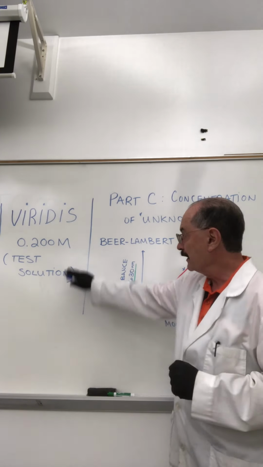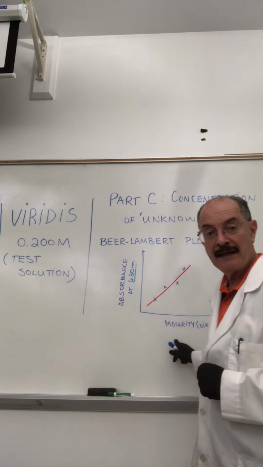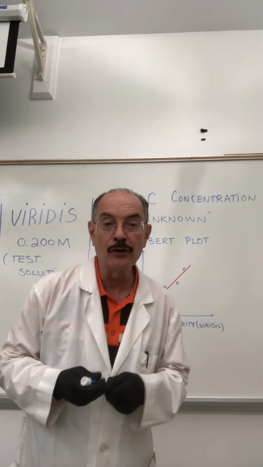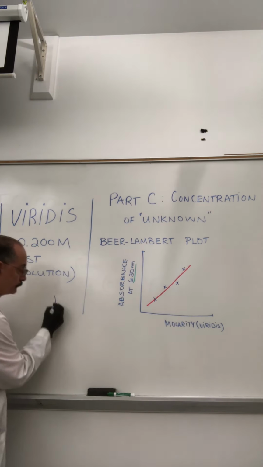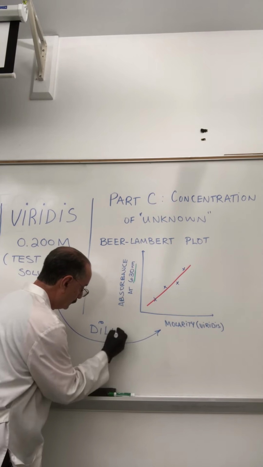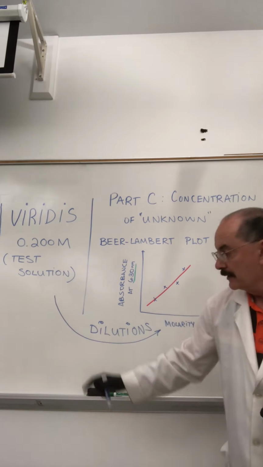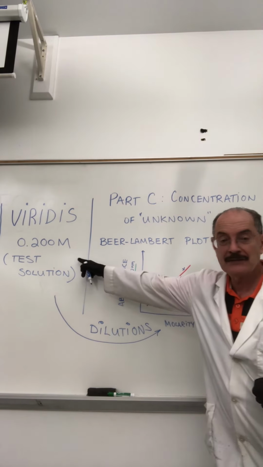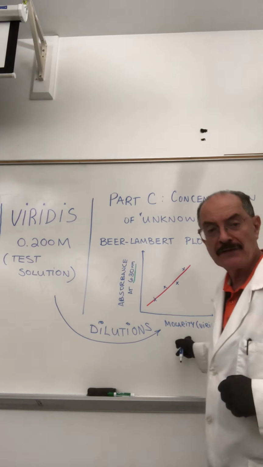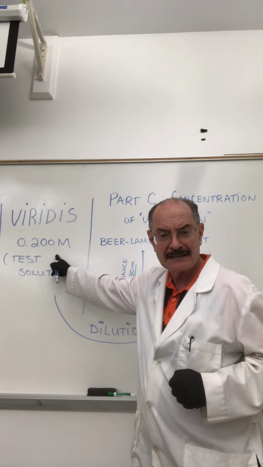So let's take this test solution that we already have and build a set of dilutions of it. By preparing dilutions of this original test solution, we will have a set of data points of different molarities based on the one that we used to build that spectrum.